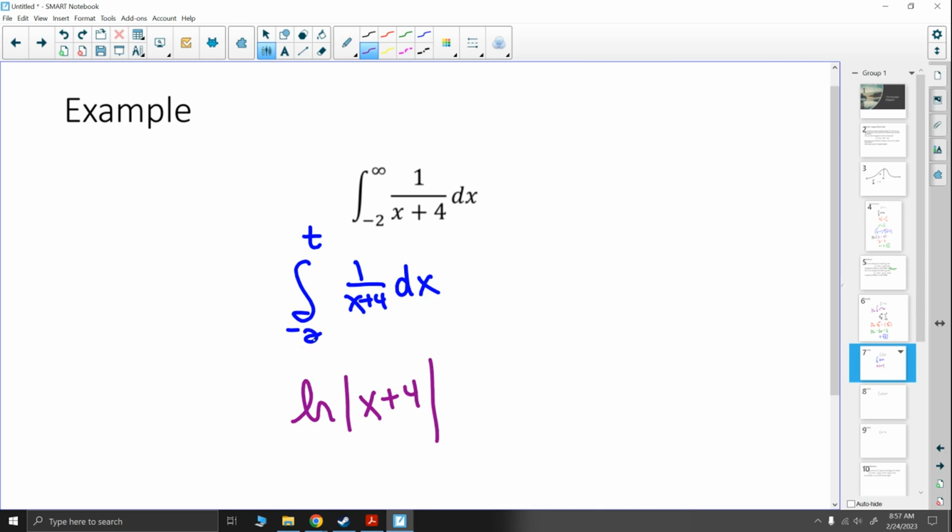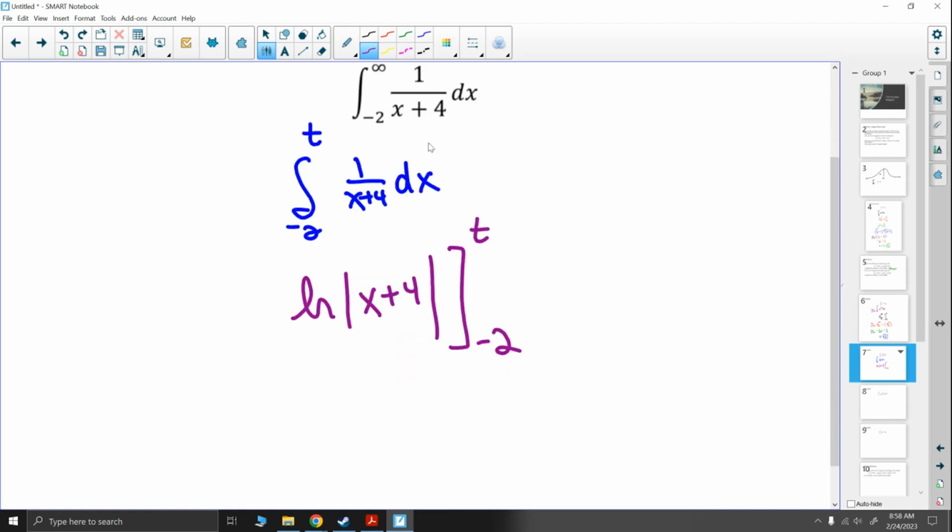Now, this negative 2 makes sure that we don't actually need absolute values here, because negative 2 plus 4 is still positive, so it's okay. And anything greater than negative 2 is certainly fine. The domain of this would be anything greater than negative 4. So we really don't need the absolute values, but it works itself out either way.